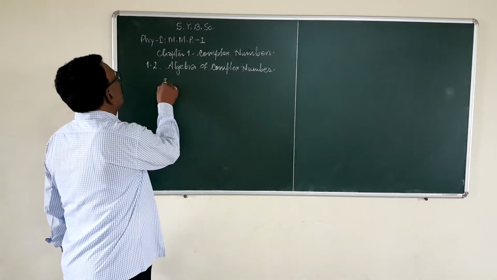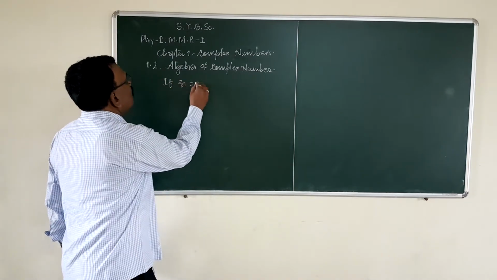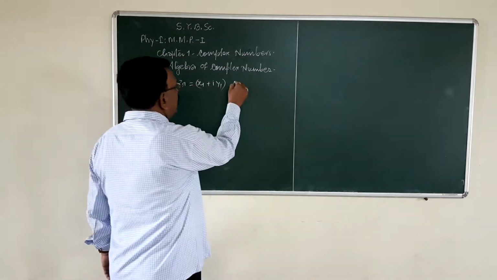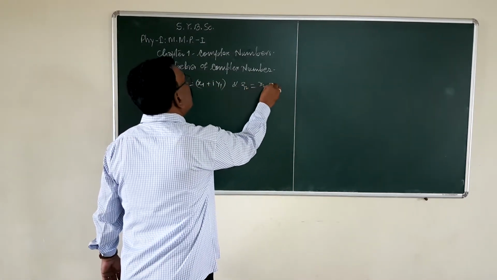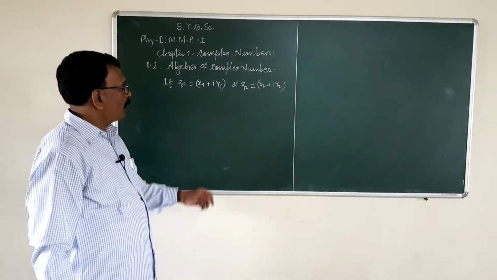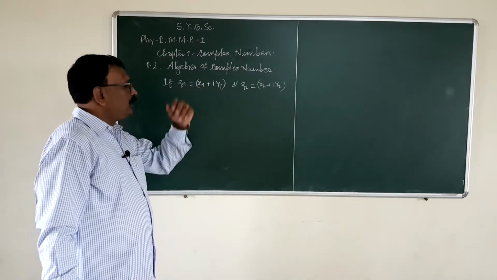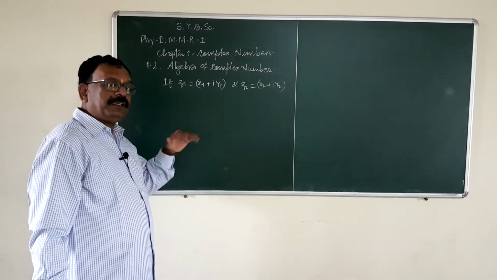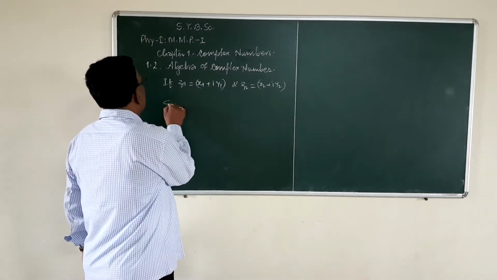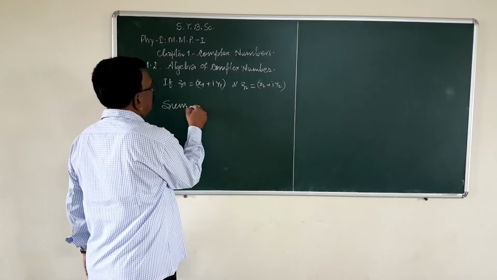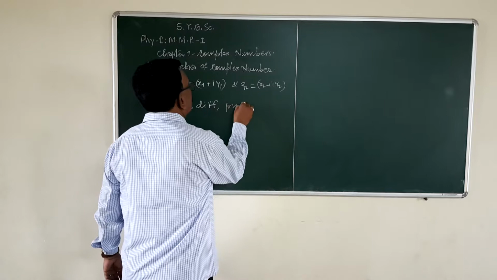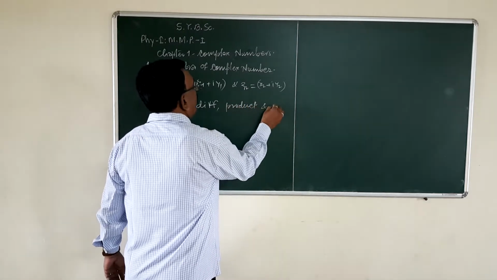If z1 is equal to x1 plus iy1 is the first complex number and z2 is equal to x2 plus iy2 is the second complex number, then from these two numbers we can carry out various mathematical operations like sum, difference, product and quotient.